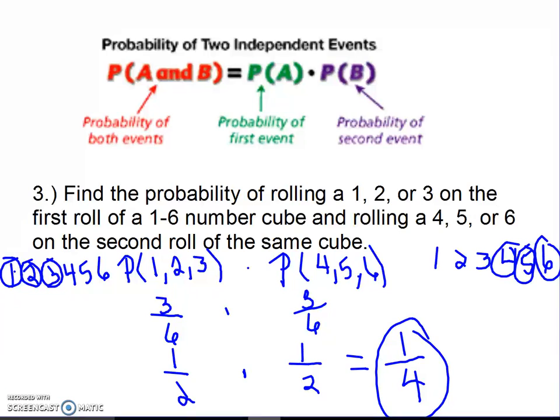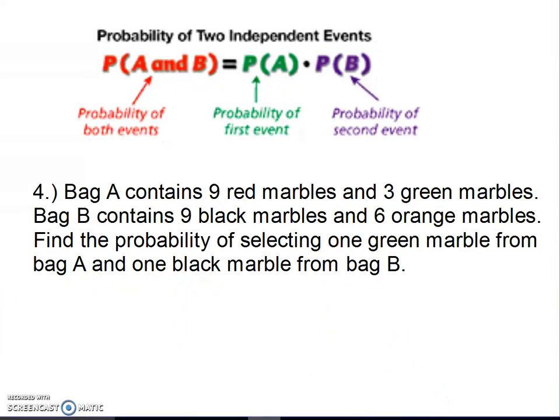Okay, let's take a look at number 4. Bag A contains 9 red marbles and 3 green marbles. Bag B contains 9 black marbles and 6 orange marbles.